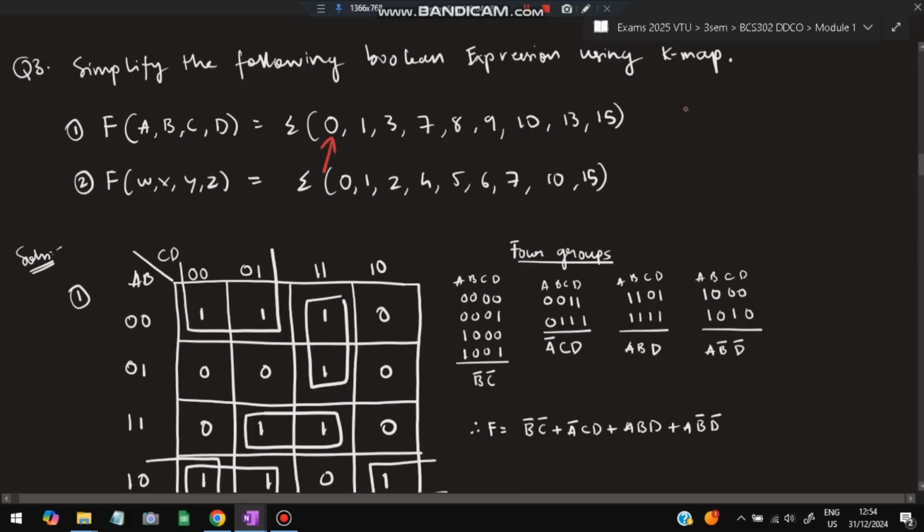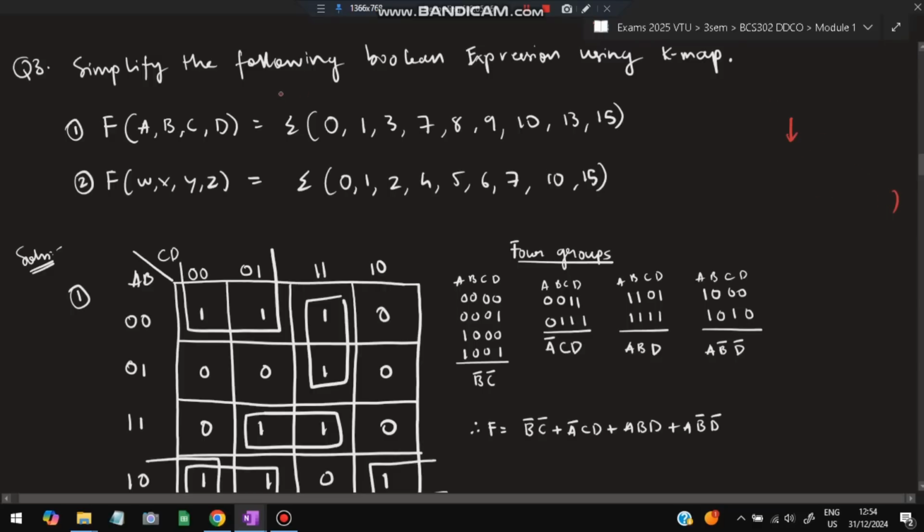For example, if you are considering till 15, since there are 4 inputs, till 15 it will be there. In the POS which they had given, there was 2, 4 and 6. So what will be the remaining numbers in SOP? It will be 0, 1, 3, 5, 7, 8, 9, 10, 11, 12, 13, 14 till 15. So all those numbers which are not present in the POS will come in SOP.